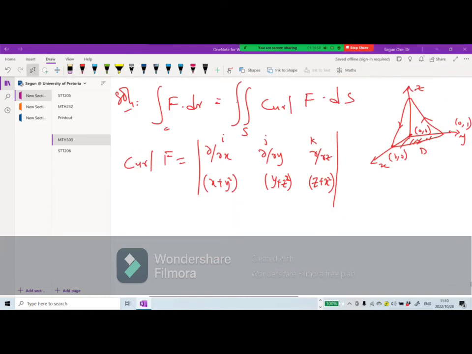So we can take the first one. Let's say we want to work on i now. This one will cancel, and the row will also cancel. What will remain?